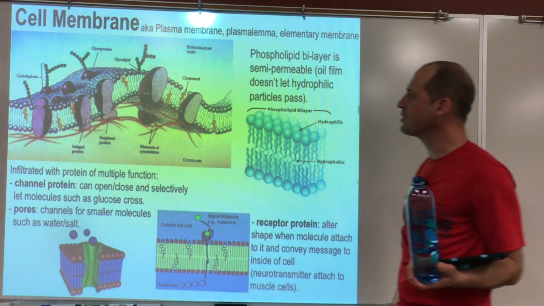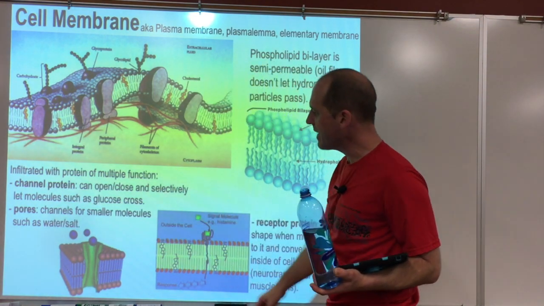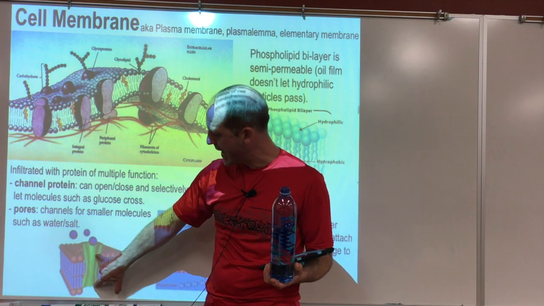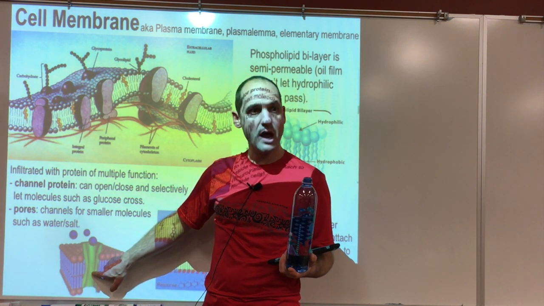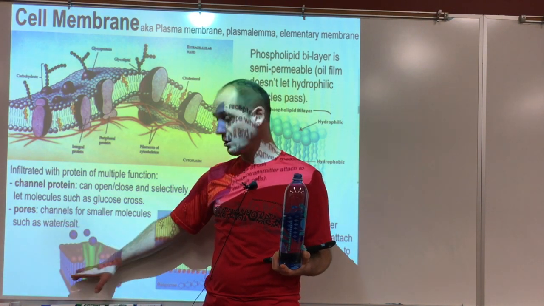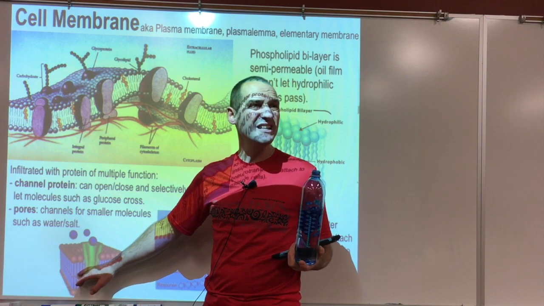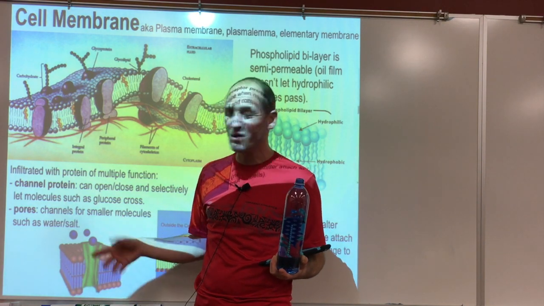Inside of it, we have multiple things. We have channel proteins, and a good channel protein, that's right here, that's a channel. That channel can open or close. And if it's open, it lets stuff in and out. If it's closed, obviously it doesn't. So oily stuff can sort of go in and out on their own, but watery type, hydrophilic stuff cannot.